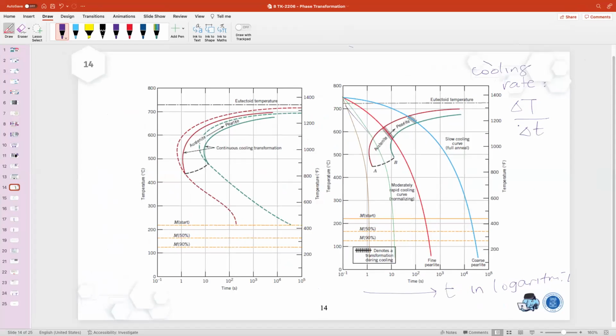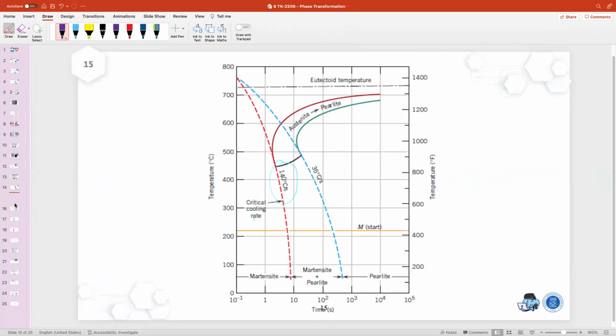Okay, so this one is the continuous cooling transformation when we see the cooling rate over here. So you can see here, for example, between austenite and pearlite, in the austenite and pearlite transformation, we see that there is a critical cooling rate.